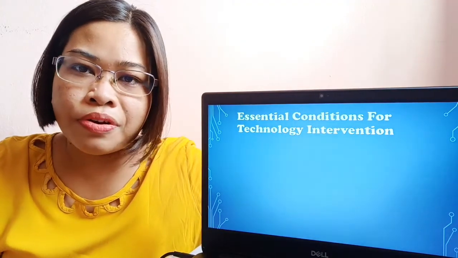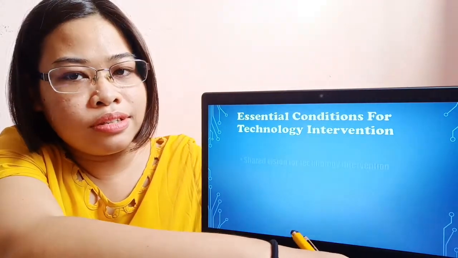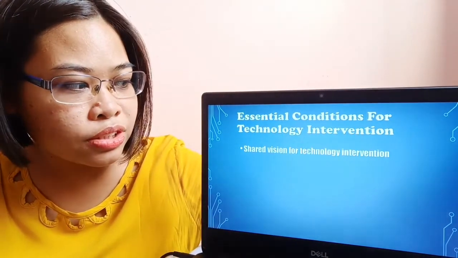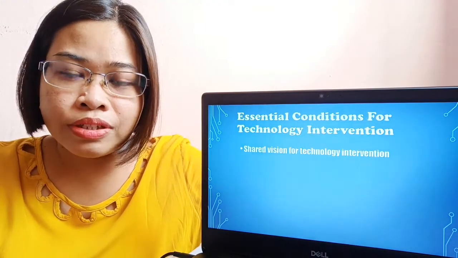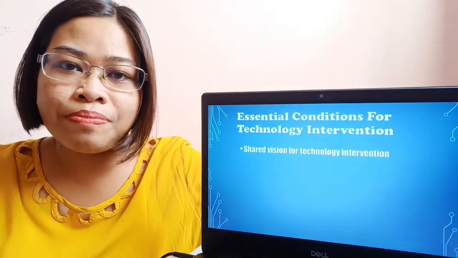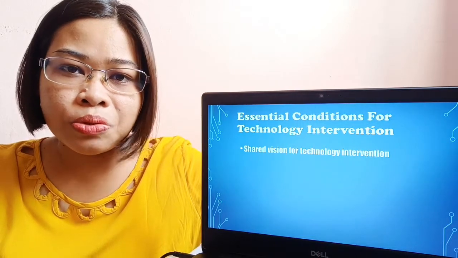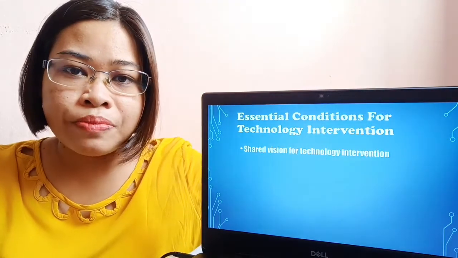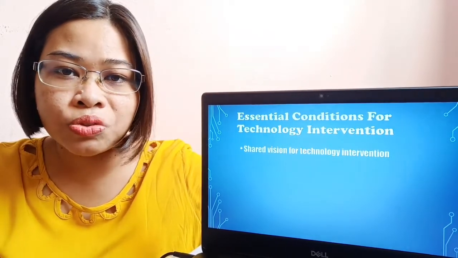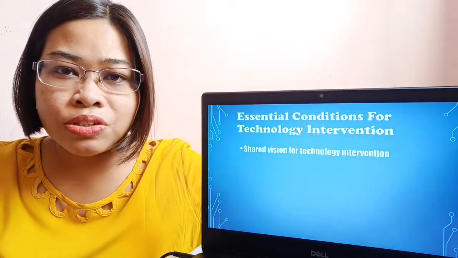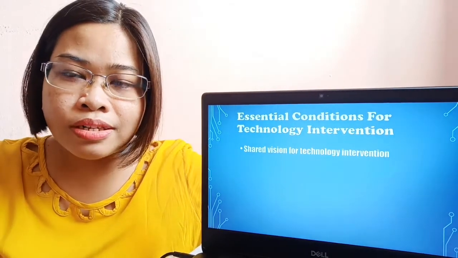Essential conditions for technology integration. These include the following: shared vision for technology integration. This includes the participation of school administrators and school teachers, and we can also include the participation of the parents in the identification or planning of the use of media, identification of the technology that we're going to use in the school.